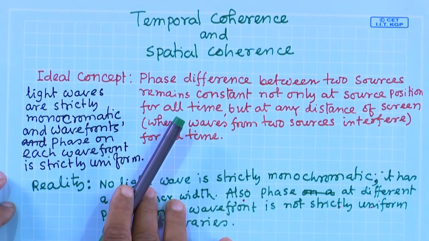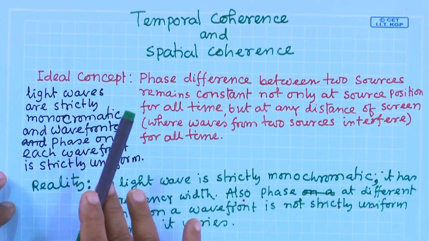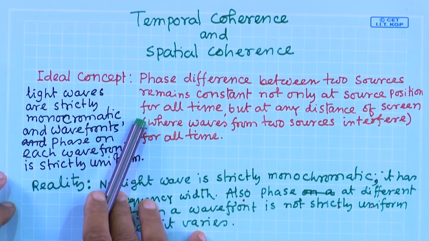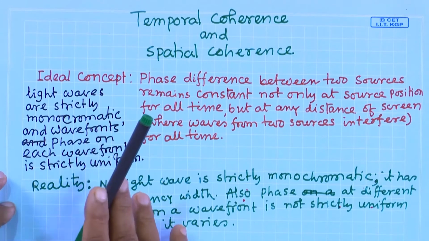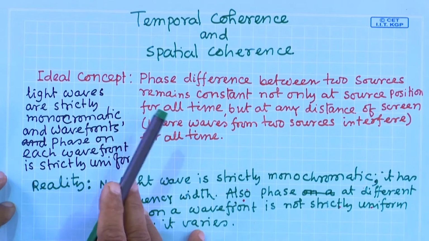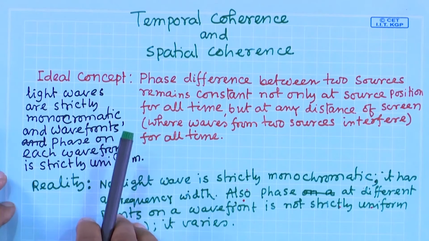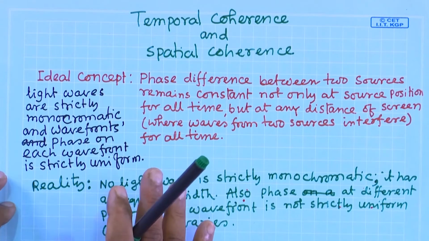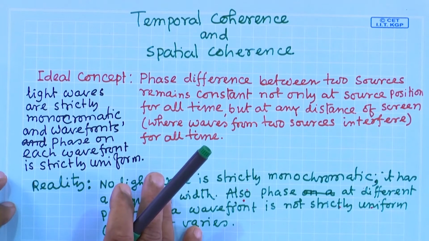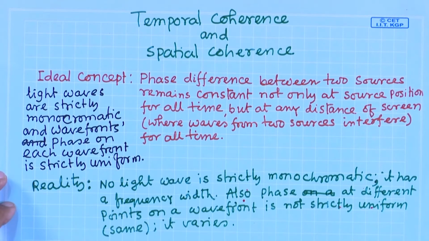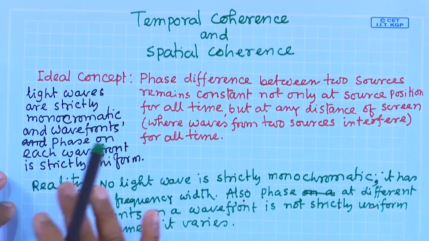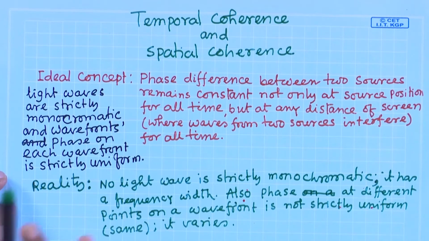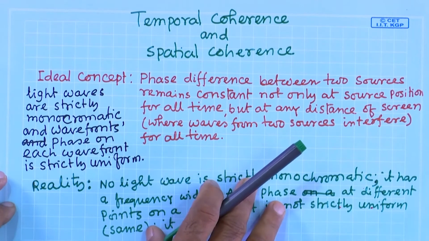But if you take a source of wavelength lambda, no source actually has this single wavelength lambda; every source has a natural width, a bandwidth. Whatever definition we give for monochromatic light and for wavefront, if that is strictly followed, then the phase difference will remain constant at any time, at any distance.